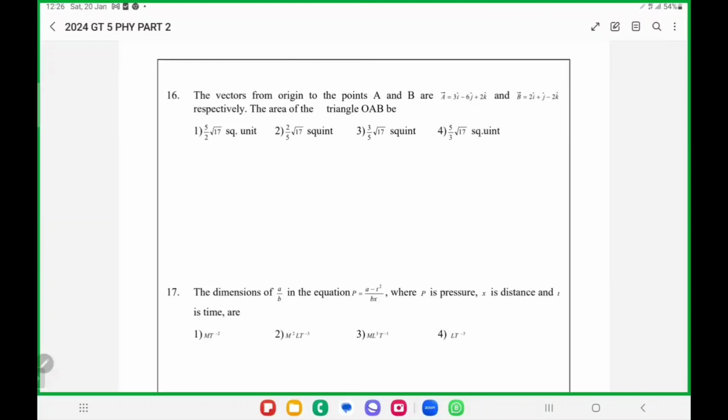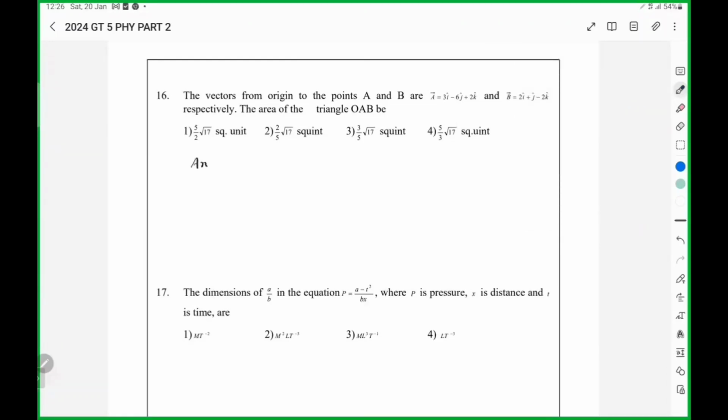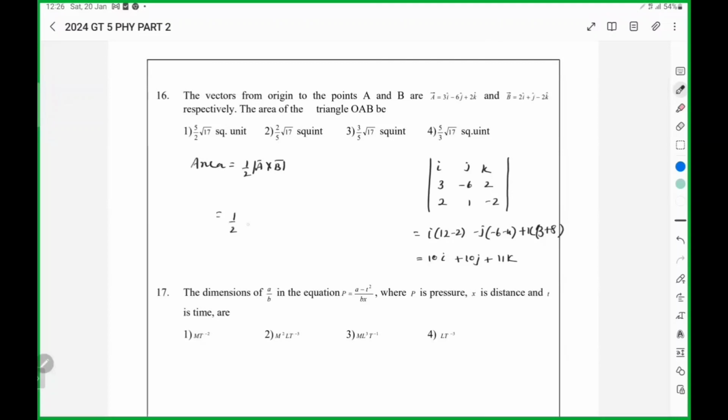From origin to the points defined like this. Area is... So area will be 10 square plus... it is 15K.